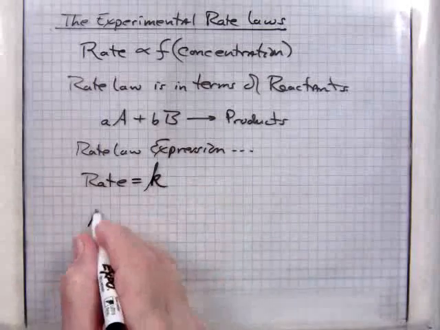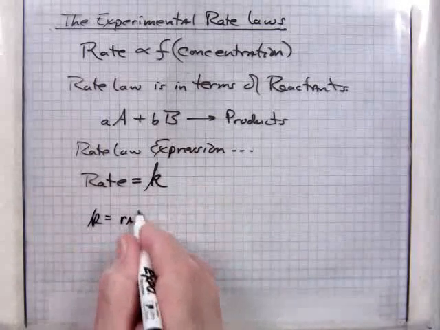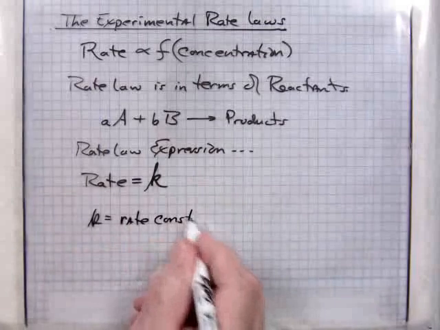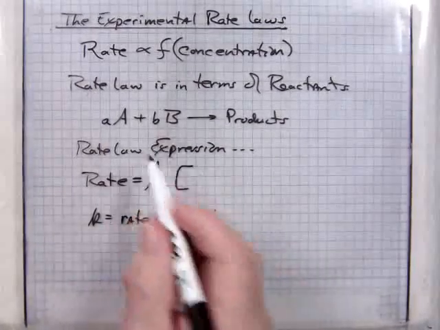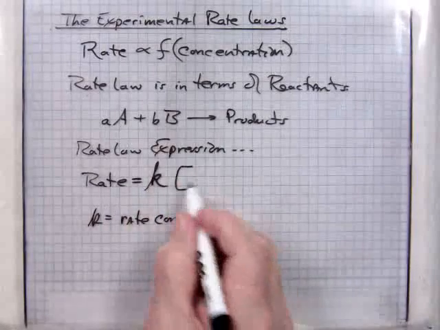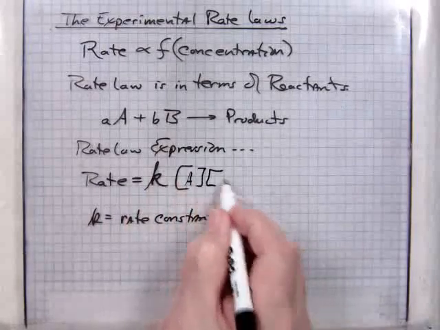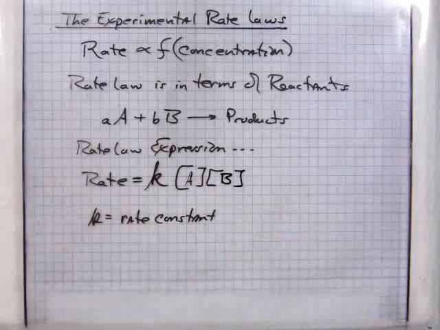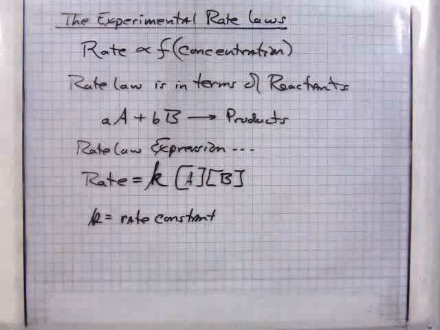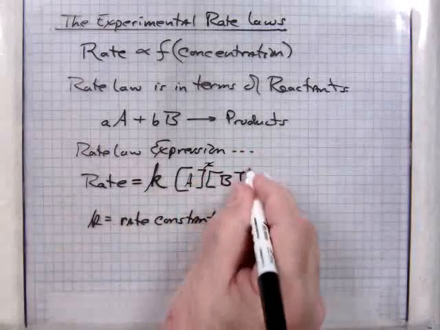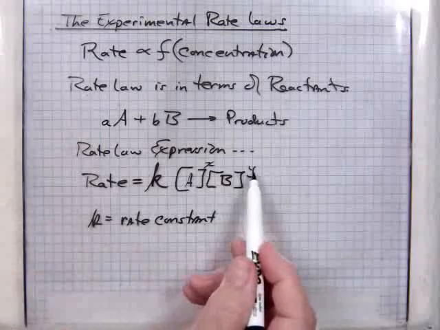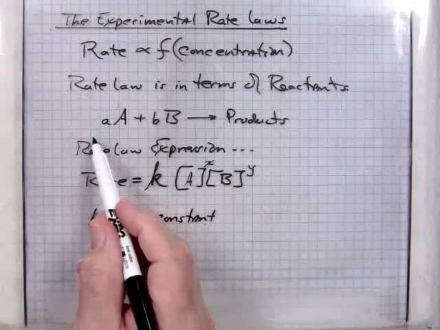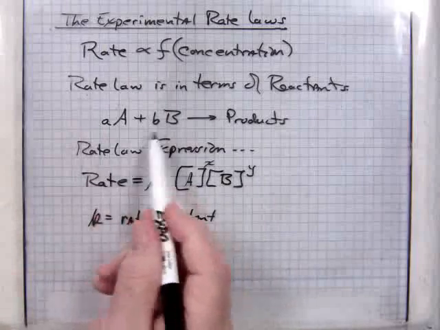And then put times the concentration of the first reagent, A, times the concentration of the second reagent, B, raised to arbitrary powers like X and Y. In the kinetic region, the X and Y are not the coefficients in the balanced reaction.